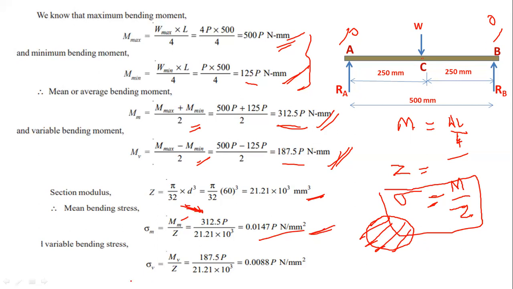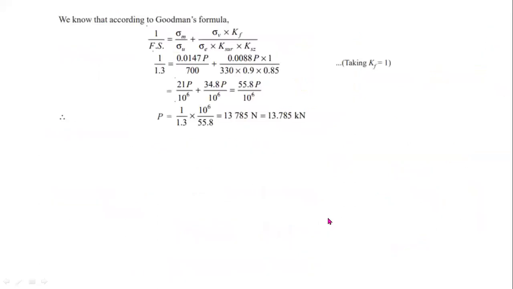In a similar way, variable bending stress equals variable bending moment by section modulus. This is the answer for variable stress, and this is the answer for mean stress. By using these two stresses, we have to find the unknown value P. From Goodman's method, we already know the formula: 1 by Fs equals sigma m by sigma u plus sigma v into Kf by sigma e into k surface into k size.